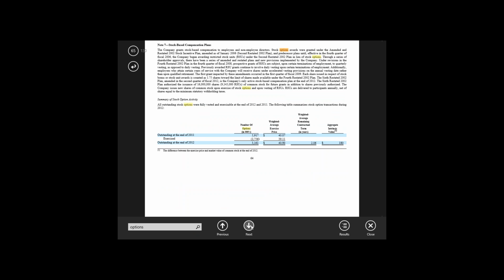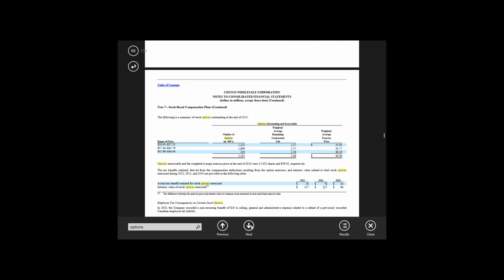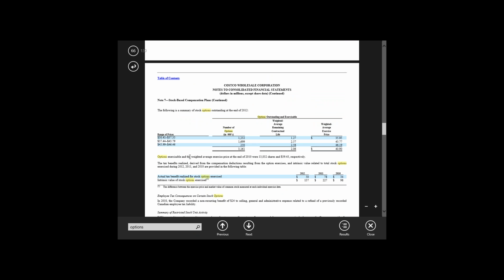Which was not this one. Here it is. Number of options outstanding and exercisable. So you got to make sure outstanding and exercisable. Remember, in Walmart, they had an outstanding option table, and then only a subset of those outstanding options were exercisable.